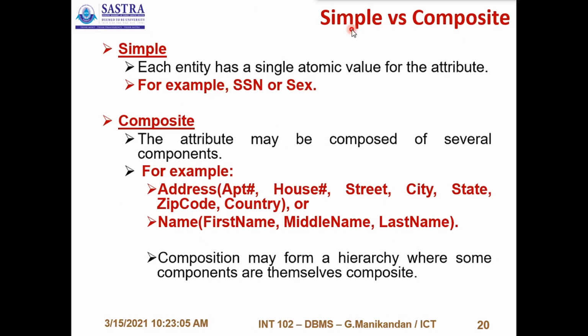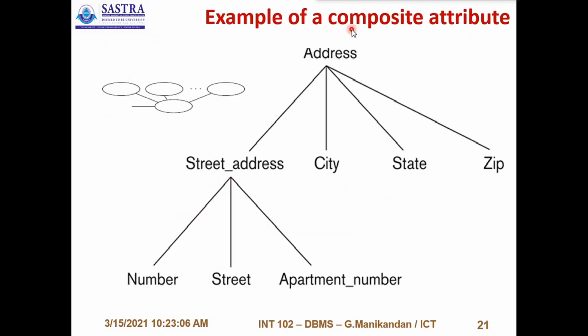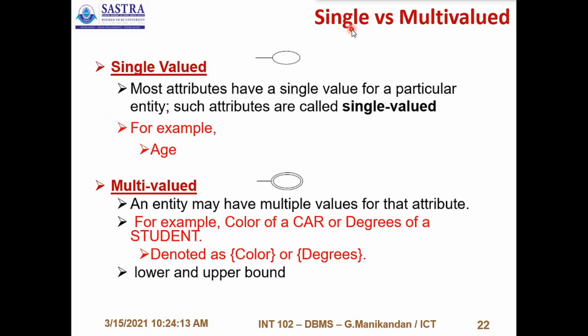So next, this already we have discussed. The next idea is single valued attribute and multi-valued attribute. For some attributes, how many inputs can you give? Always it is going to accept only a single input, or you can store only a single value for that particular attribute. Most attributes have a single value for a particular entity.